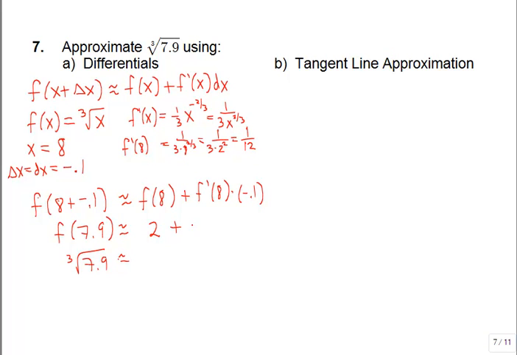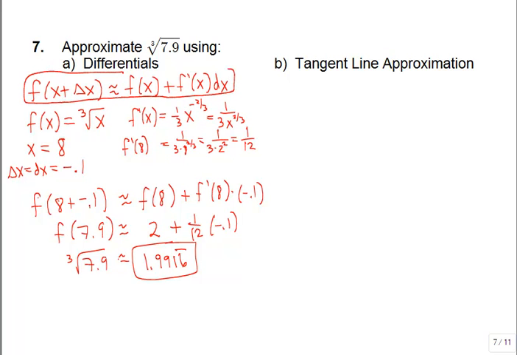So this derivative is 1/12. And if I punch that into my calculator, we get 1.9916 repeating. So the cube root of 7.9 is approximately 1.9916 repeating. Okay, so that's the differential approach. It's basically just this formula right here.